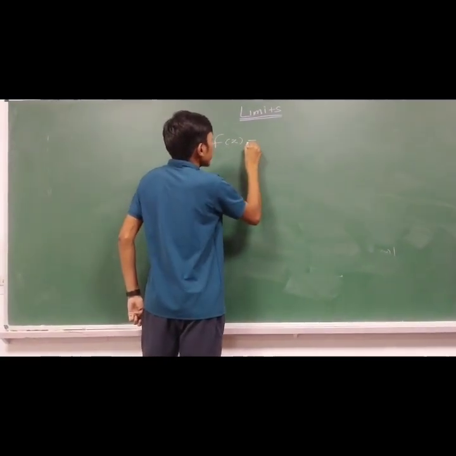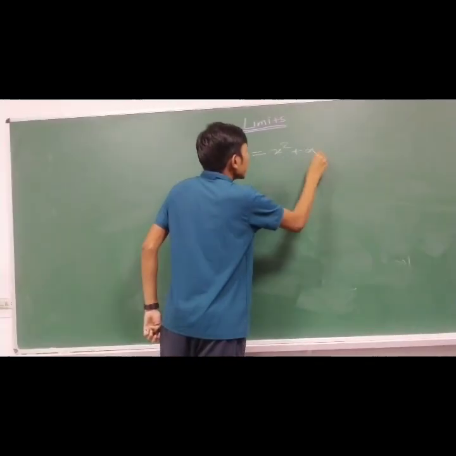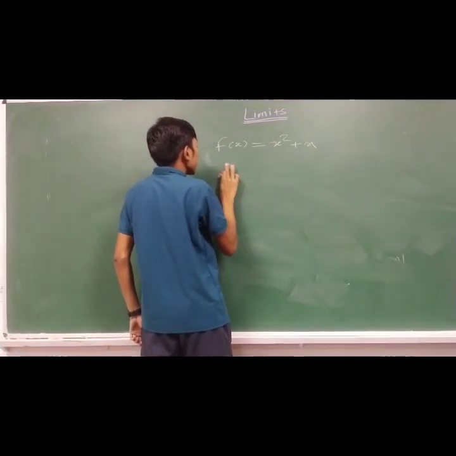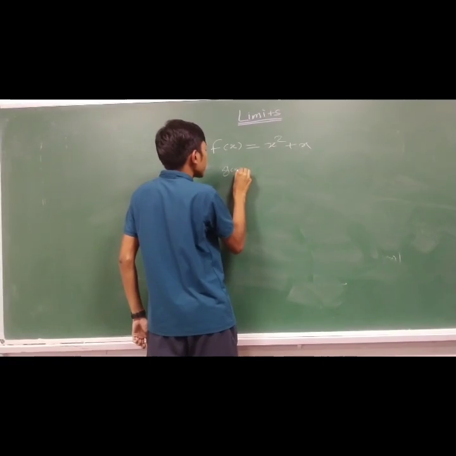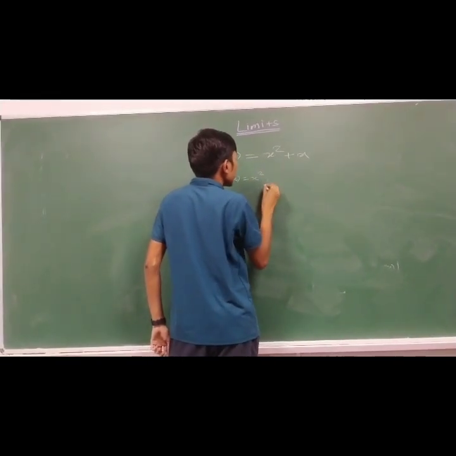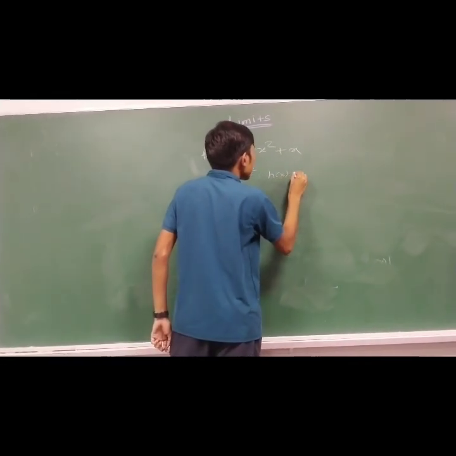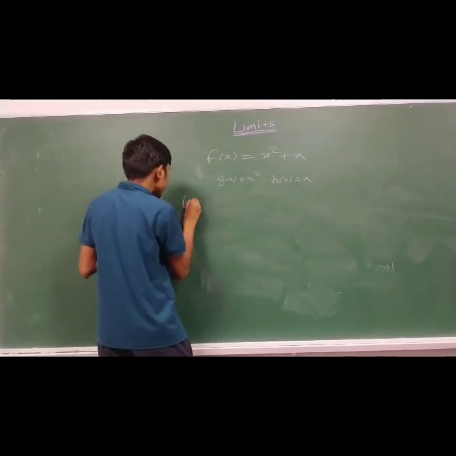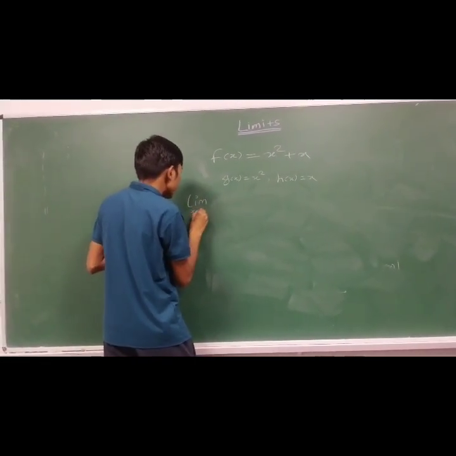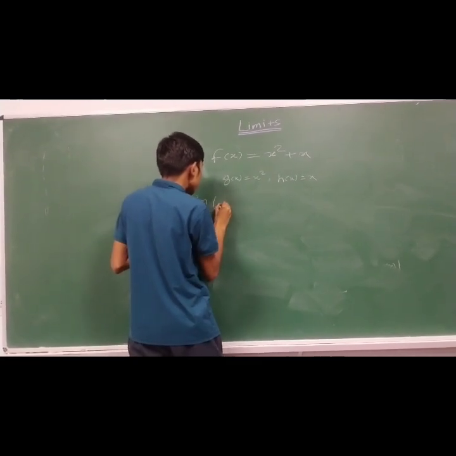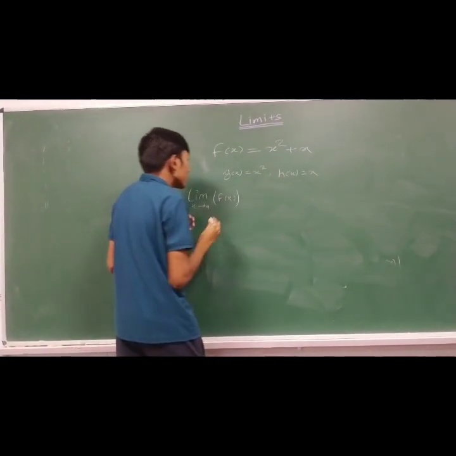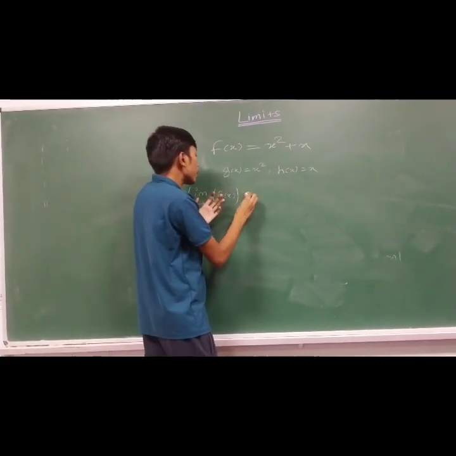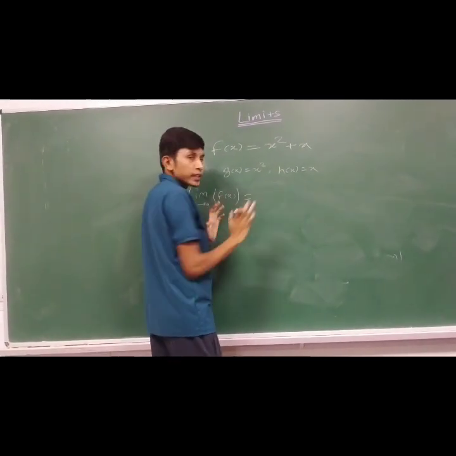Let f(x) equal x square plus x. Here I can consider g(x) equal to x square and h(x) equal to x. So these are the two functions, and we have to calculate the limit of function f(x). I can calculate it by calculating the limit of g(x) and h(x) separately.